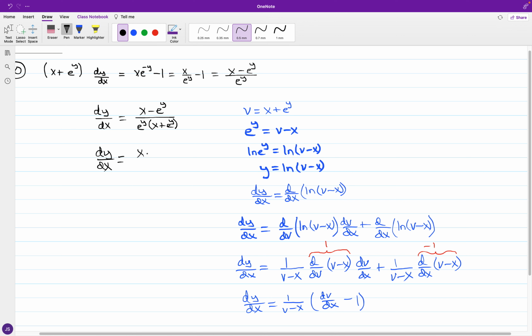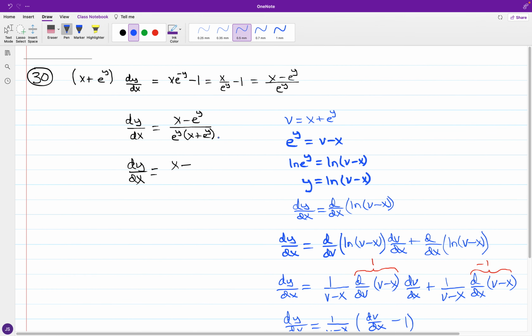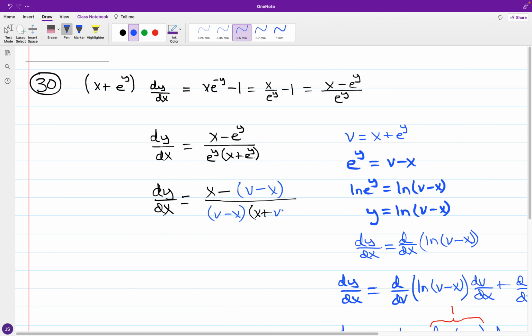So I'm going to have x minus the quantity v minus x, all over e to the y again, which is v minus x, times the quantity x plus e to the y, which is v minus x.